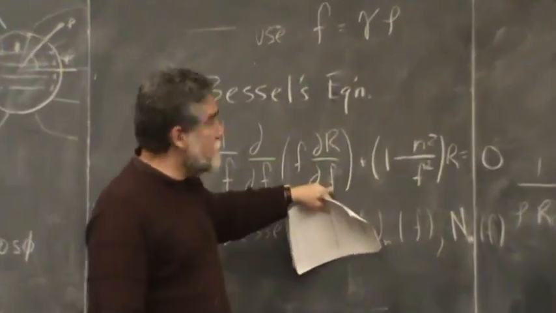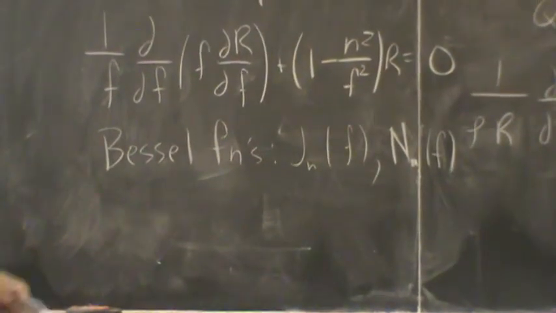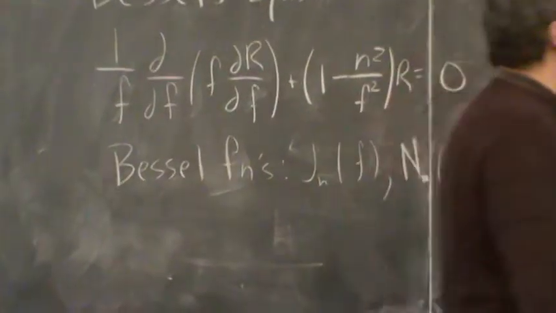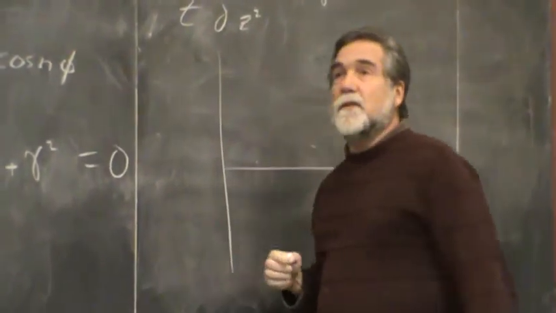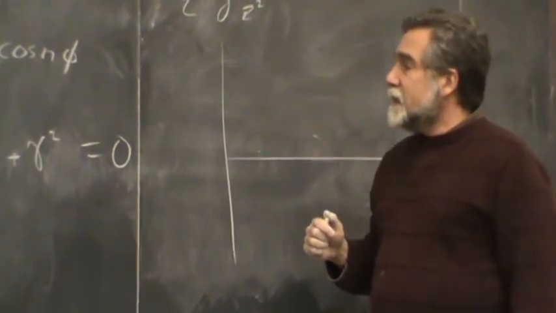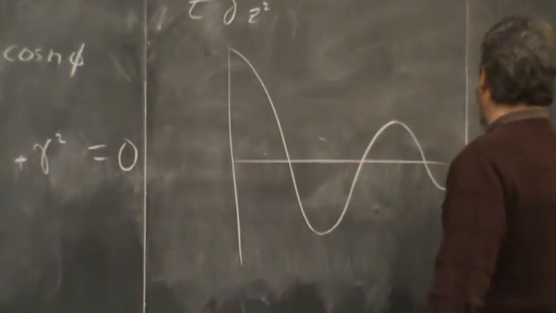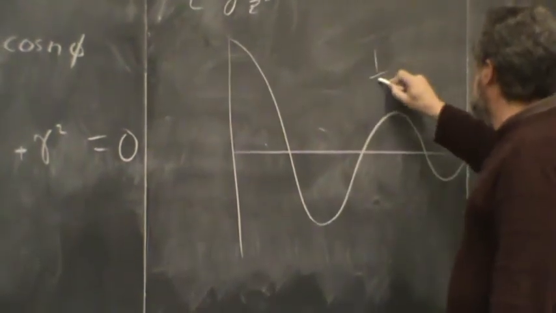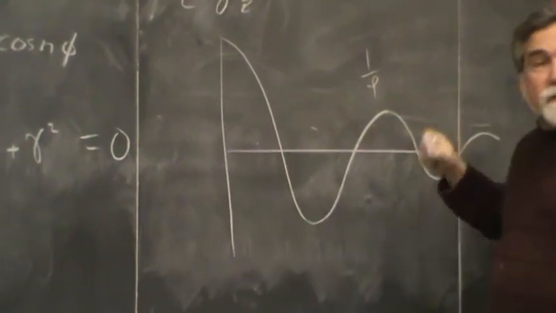This is a function of this scaled radial variable. And Bessel functions actually look sort of like sine functions and cosine functions, but they decay. So a Bessel function, actually I think it is J1, looks like that. It decays approximately as 1 over rho distance.